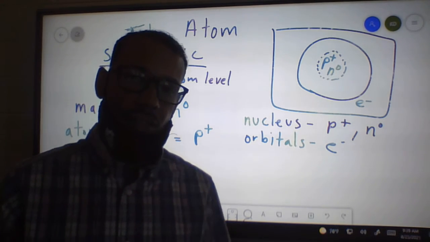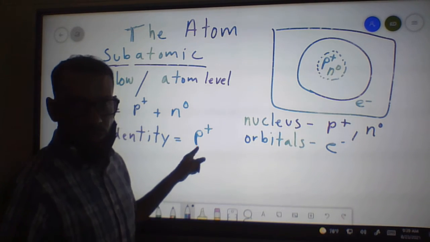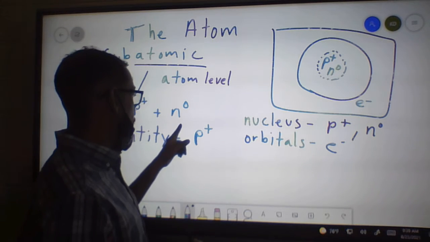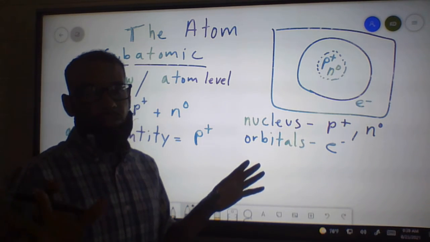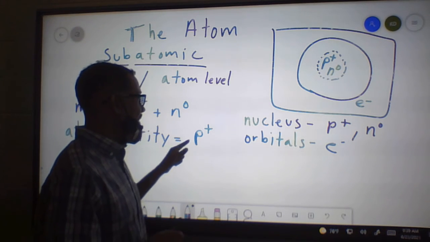The identity of the atom is solely related to the number of protons. The number of protons is essentially like your social security number. This is how we identify the atom.